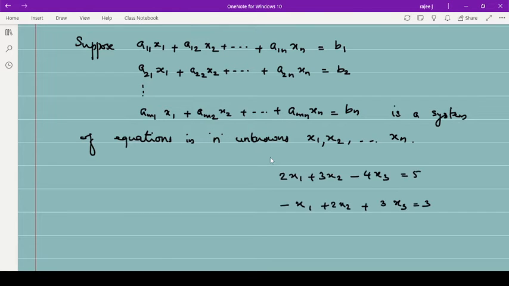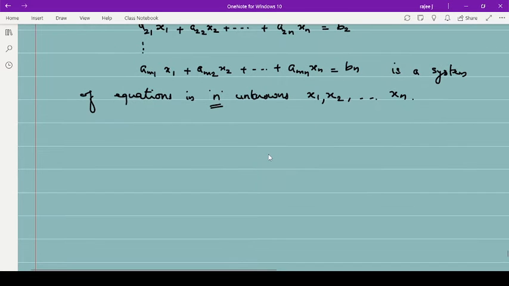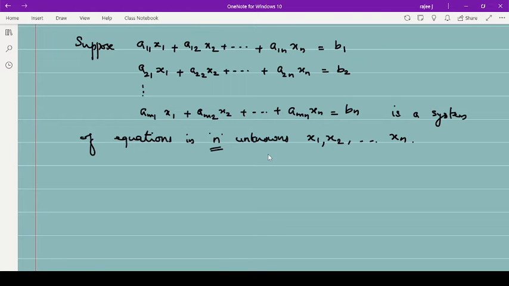Like this, it is a system of equations in n unknowns, where n unknowns means x1, x2, etc. xn. In general, these equations we can write in matrix form as Ax equal to b.